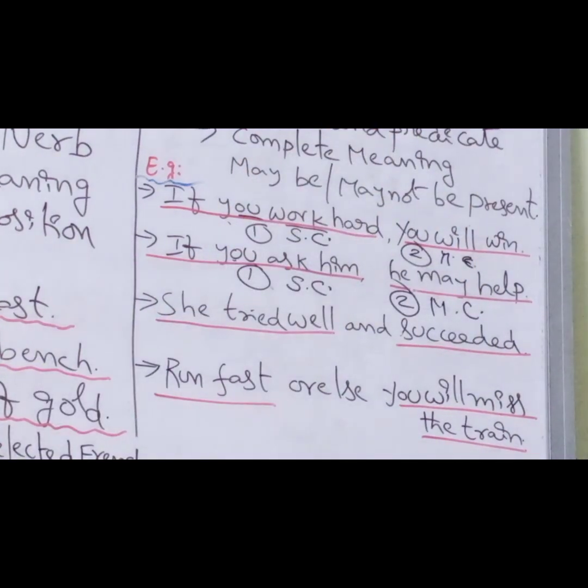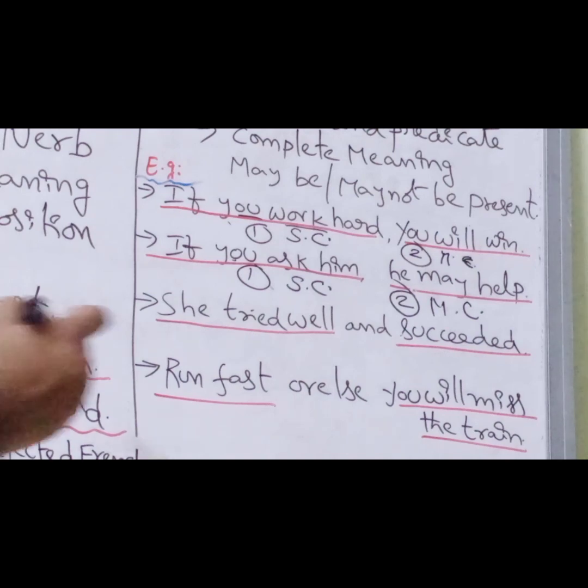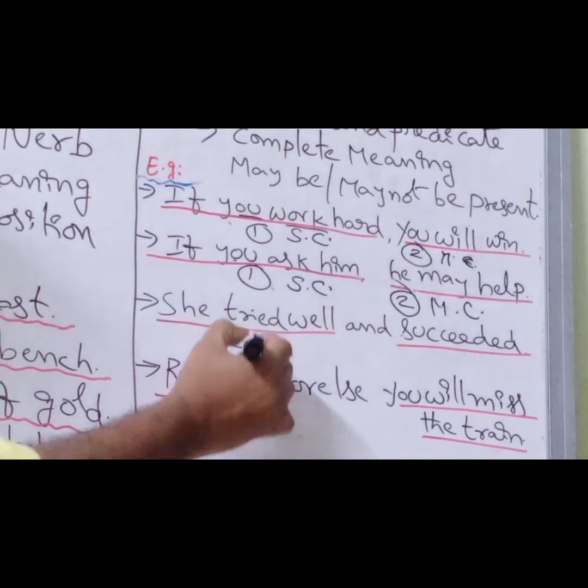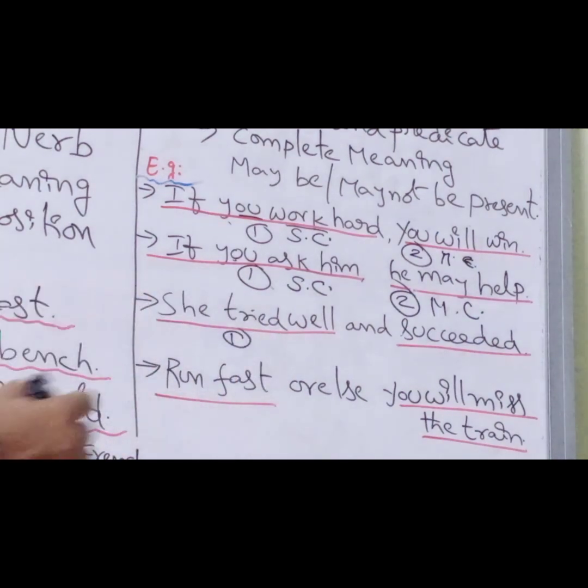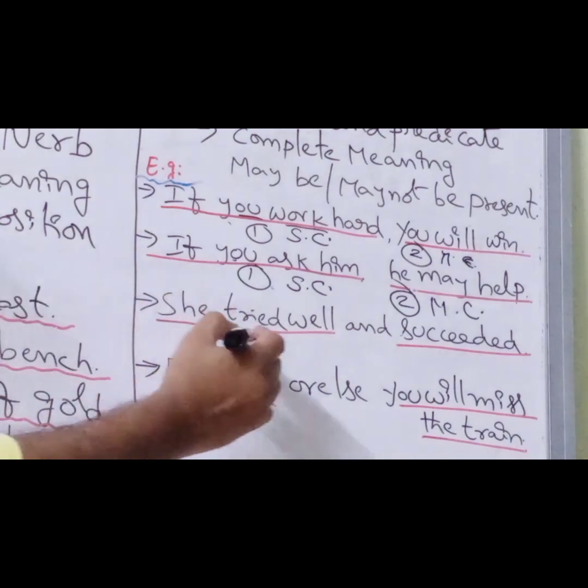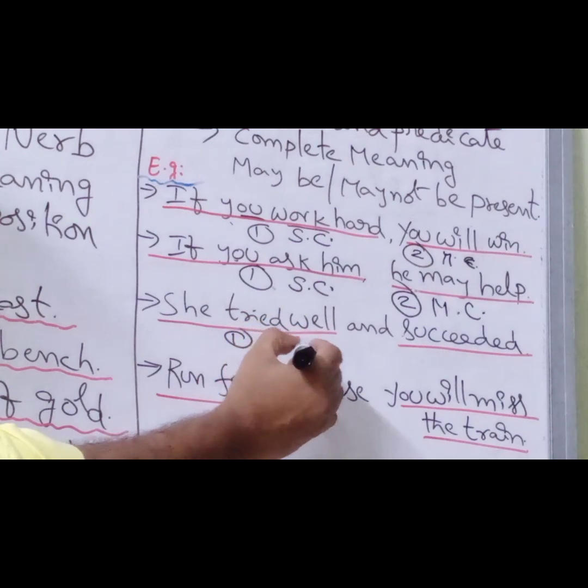And if you observe the third example, she tried well and succeeded. In part 1, subject she is there, tried, verb is there, and complete meaning is also there. She tried well. All the three factors are present, so this is called a main clause.